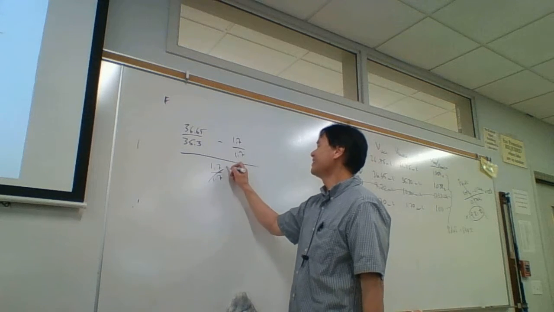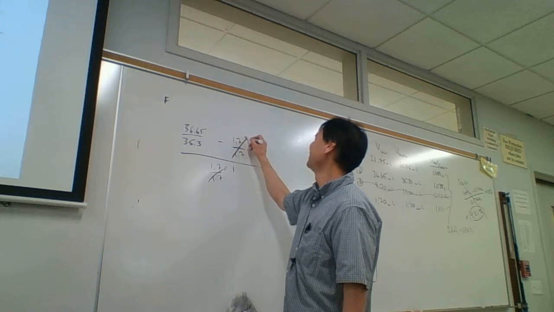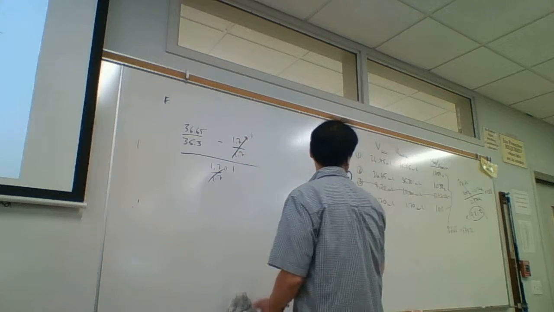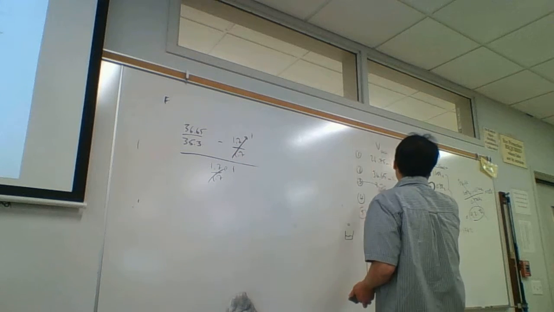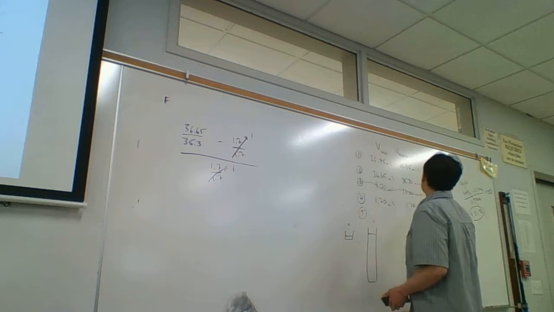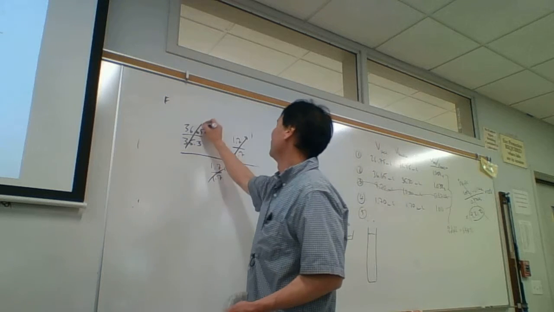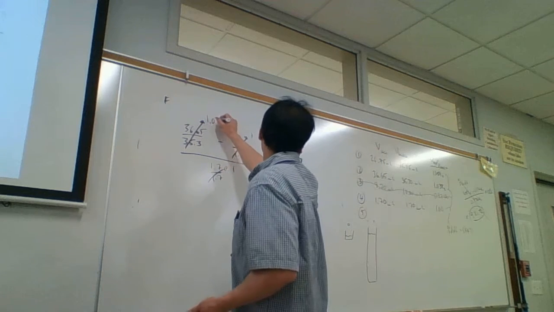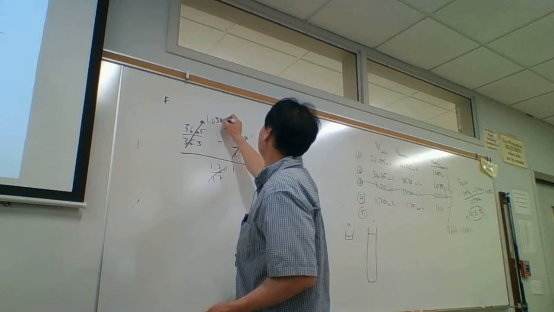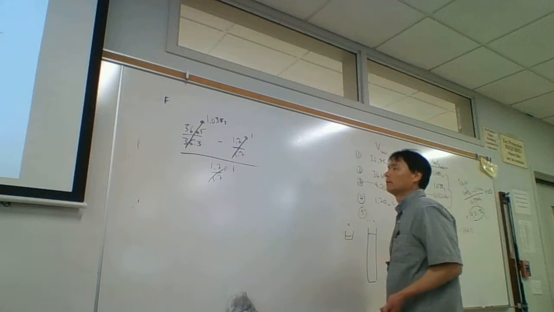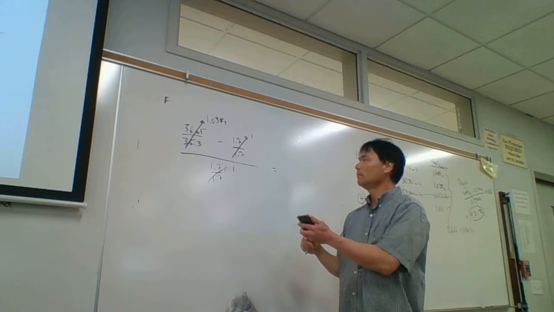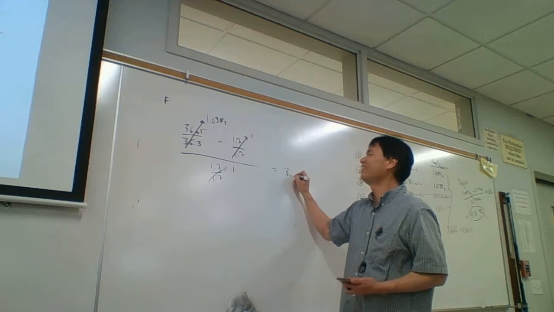Well, 1.7 over 1.7 is 1, so this is 1. And so that's going to be 3665 over 3530, which is 1.0382. Is that right? Yeah.